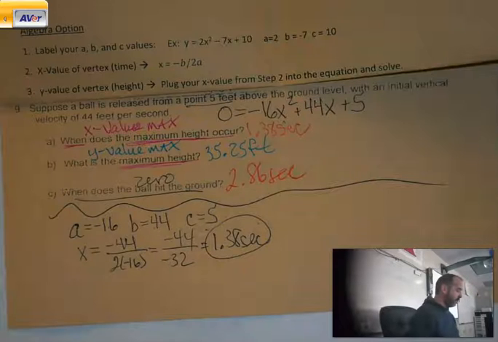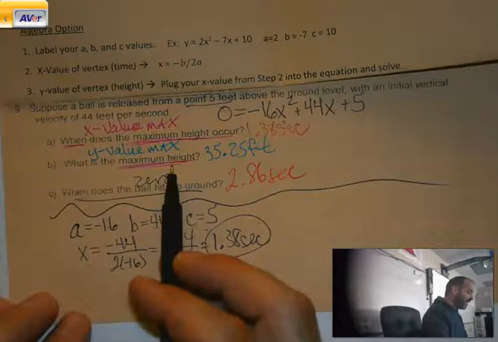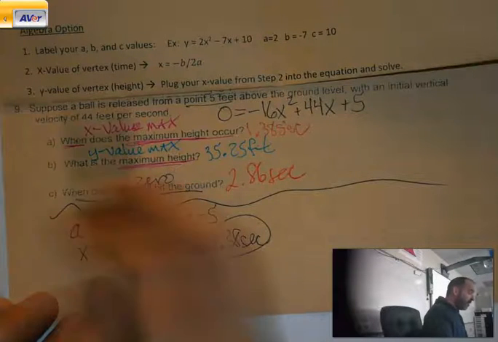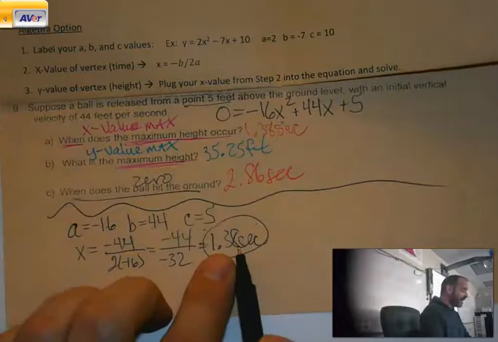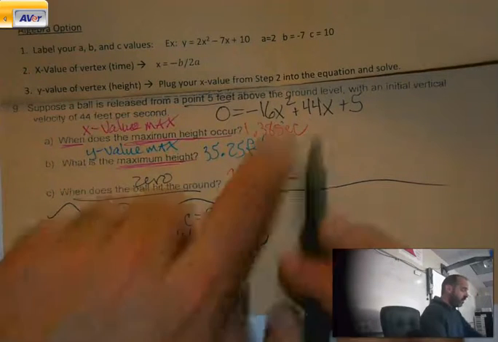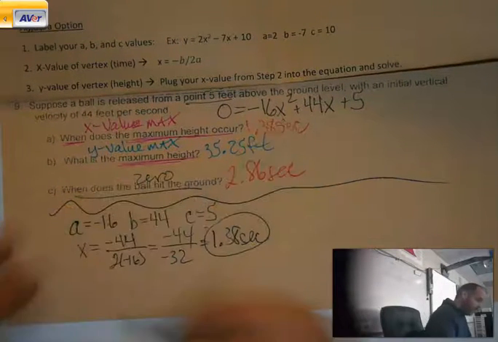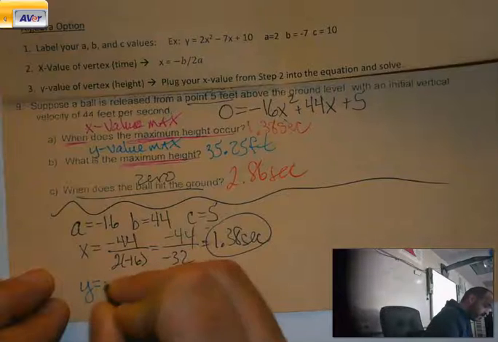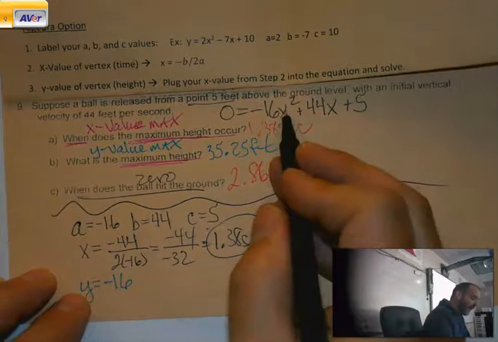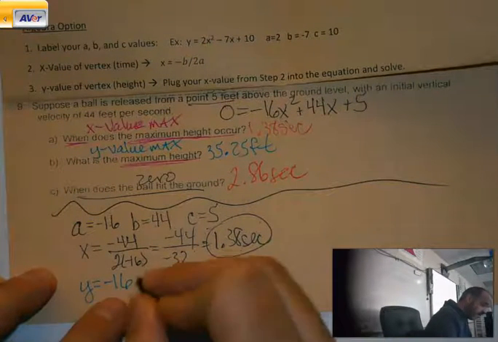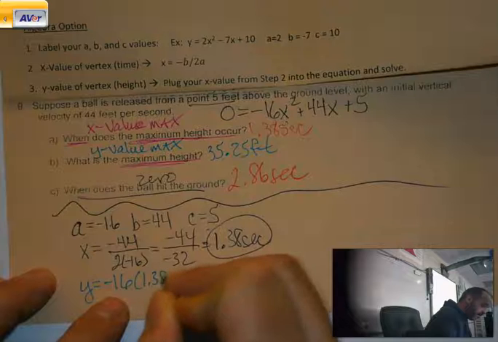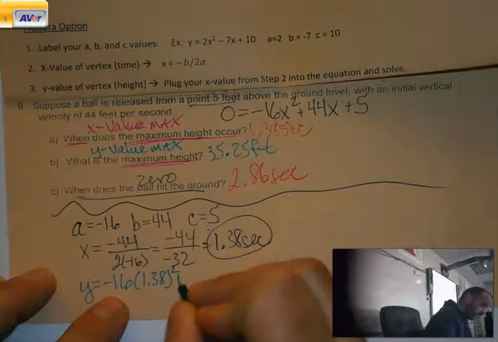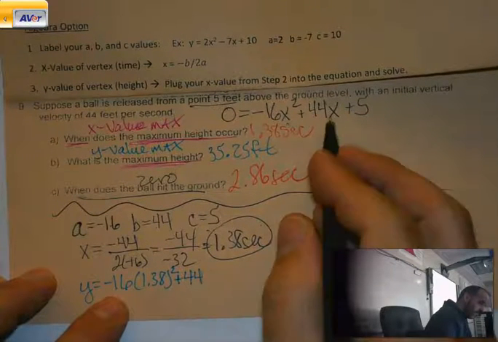To get the height, plug the x value in that you got in step 2 into the equation. Okay. Every time I get to an x, I'm going to plug that in. Next x.